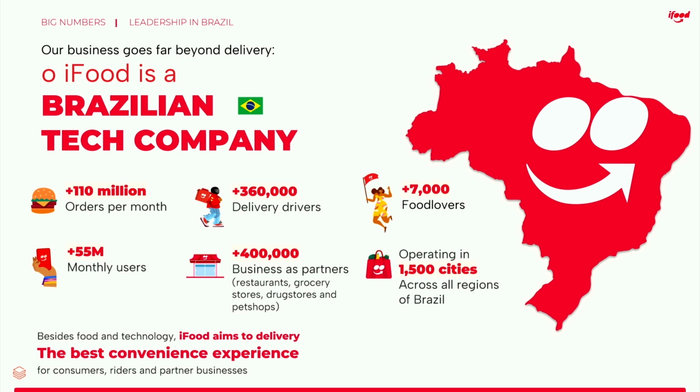With more than 110 million orders per month, we are the leaders in Brazil, and we connect millions of monthly users to drivers, to business partners, and we operate across all regions in Brazil. Actually, data is at the heart of everything that we do. Data will fuel innovation, will fuel products, and how we create this ecosystem, connecting deliveries, drivers, customers, restaurants, grocery stores, pet shops, and so on, you name it.